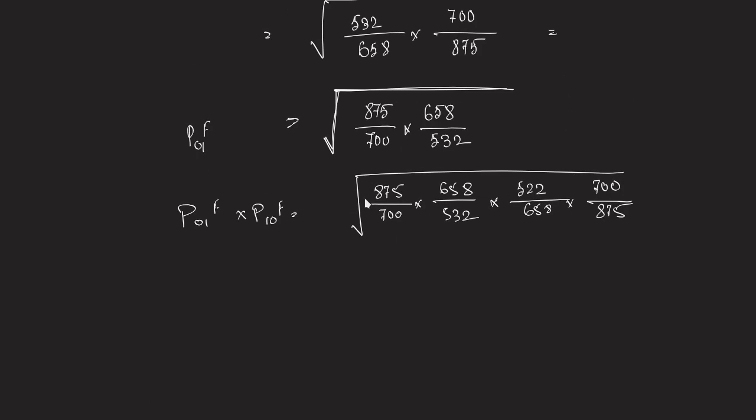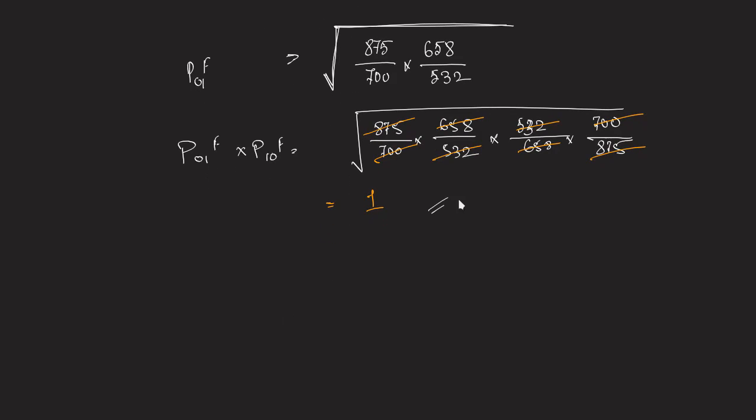So your 875, 875, 700, 700, 658, 658, 532, 532 cancel, right? Which is equal to 1. Right? Which proves the time reversal test.